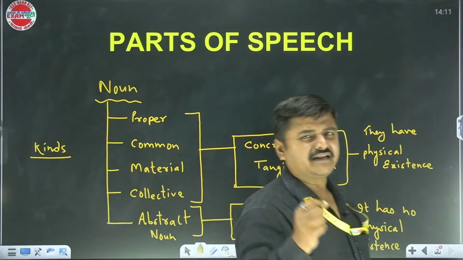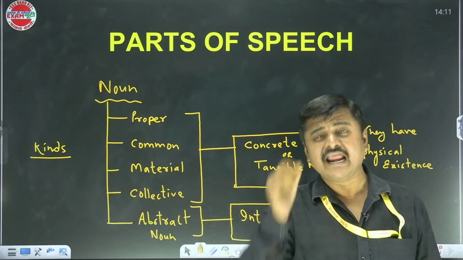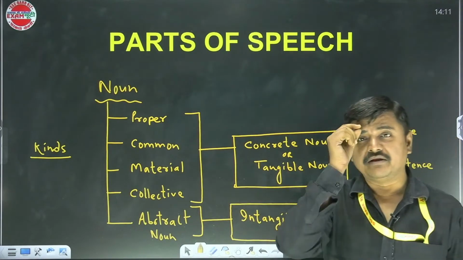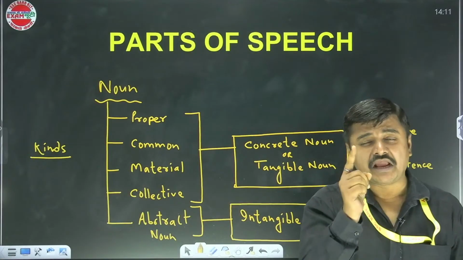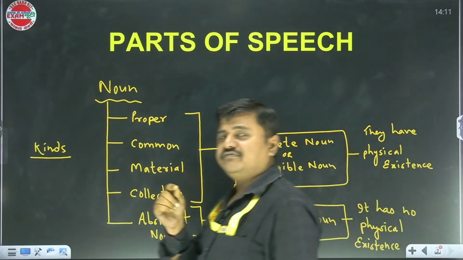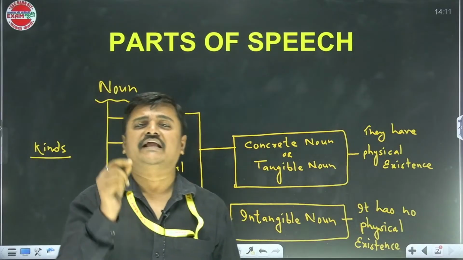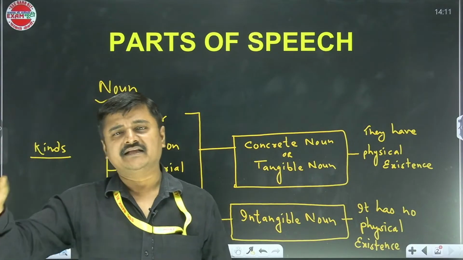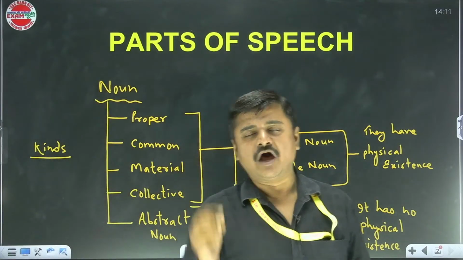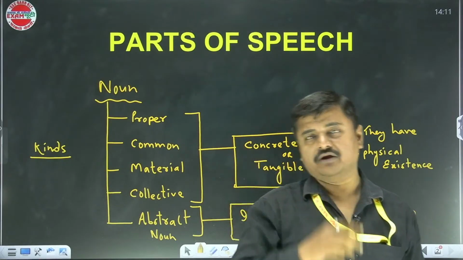If a certain thing has any of these characteristics, let me remind you, if even just one of these characteristics is found in a certain thing, that will be 100% a noun regarded as concrete noun or tangible noun.